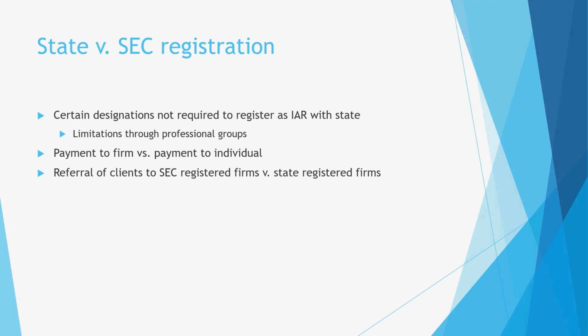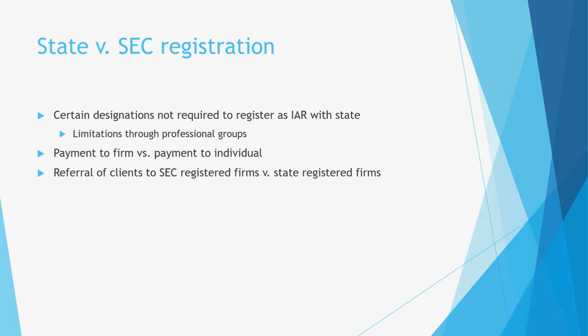There are, however, other states that don't require licensing or registration. For states that do require IARs to be registered in order to take part in solicitation activities, they're going to have to qualify for the Series 65 or the combination of the Series 66 and Series 7.